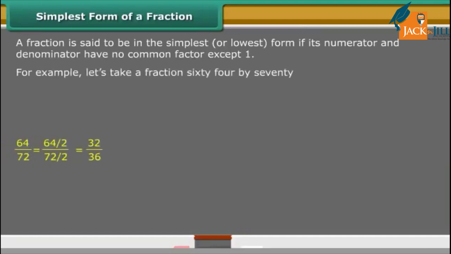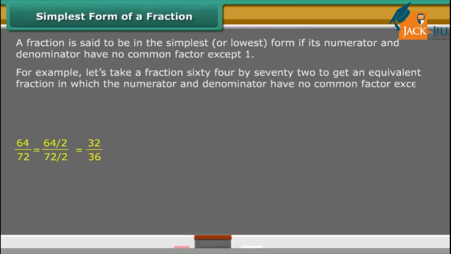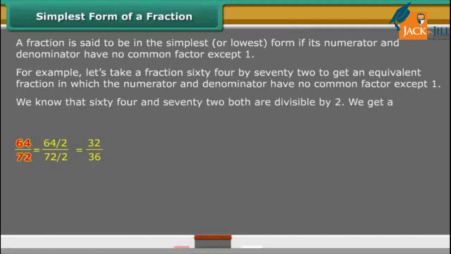Fraction is said to be in the simplest or lowest form if its numerator and denominator have no common factor except 1. For example, let us take a fraction 64 by 72 to get an equivalent fraction in which the numerator and denominator have no common factor except 1. We know that 64 and 72 both are divisible by 2.